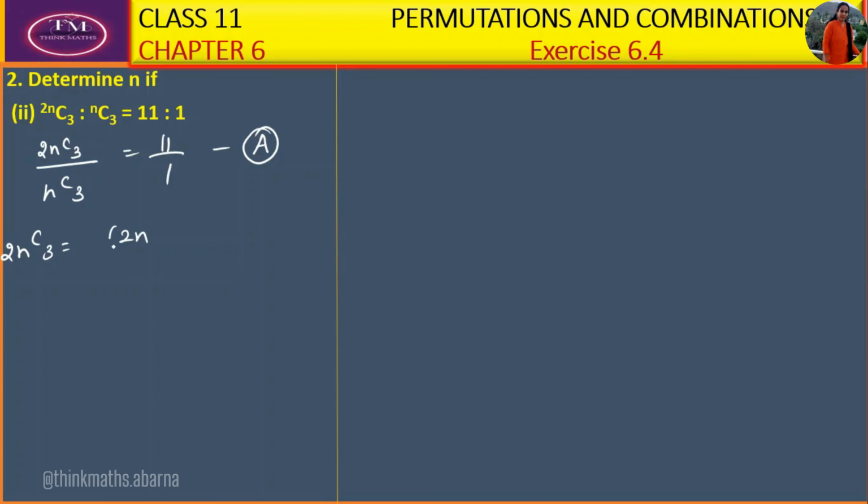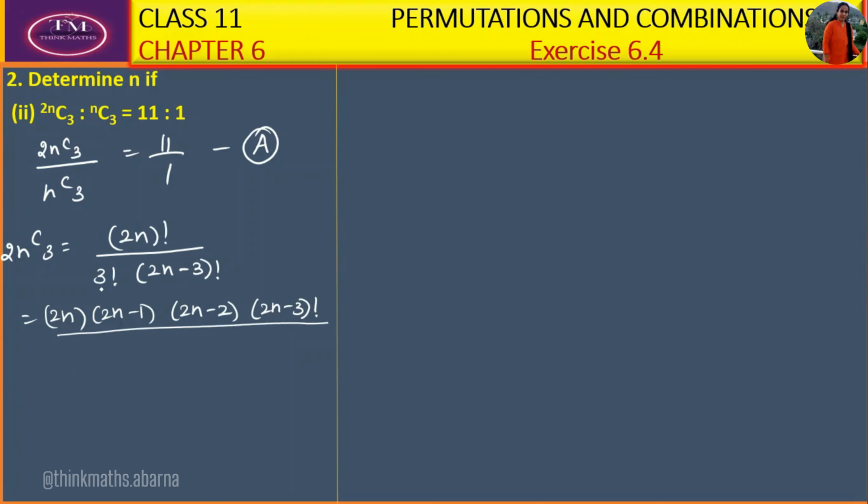What is that? It is 2n factorial divided by 3 factorial into (2n minus 3) factorial. You can write 2n factorial as 2n, (2n minus 1), (2n minus 2) into (2n minus 3) factorial, divided by 3 factorial, which is 6, into (2n minus 3) factorial.